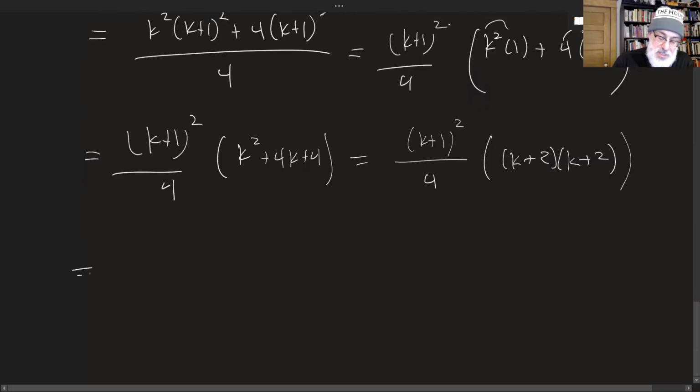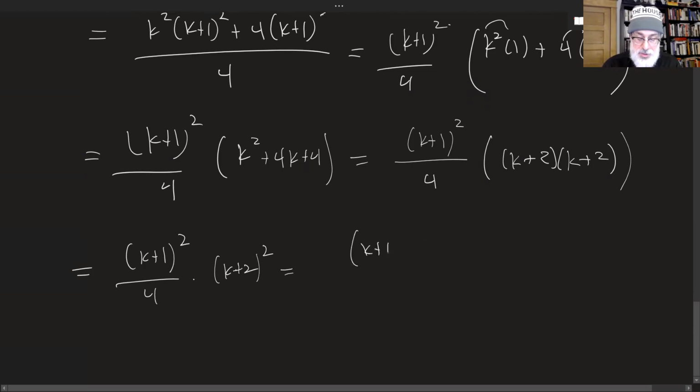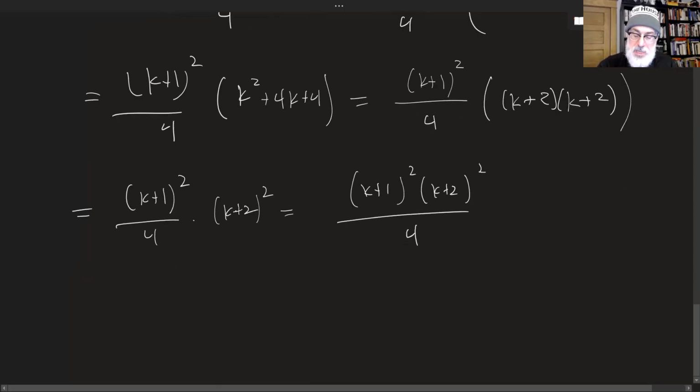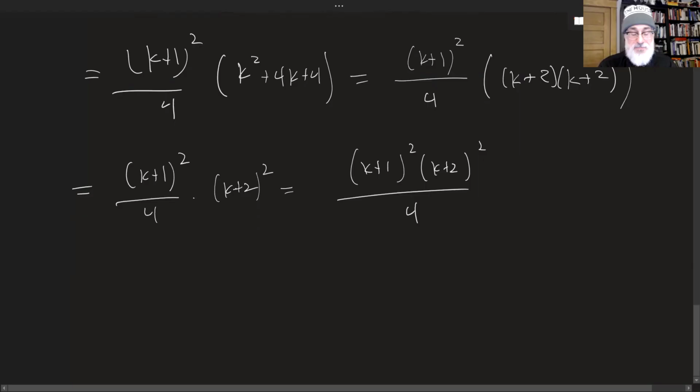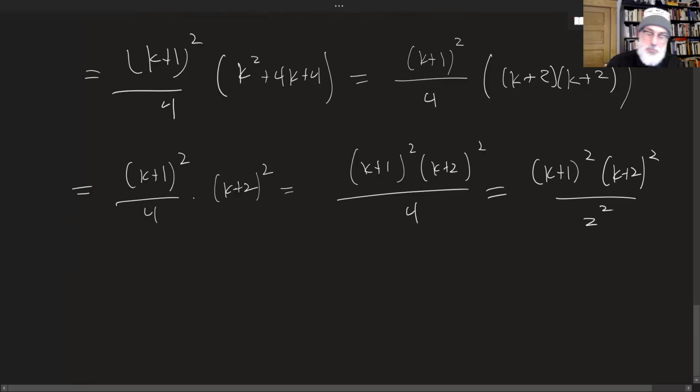Now I'm going to write it like this. I have (k plus 1) squared over 4 times (k plus 2) squared, because (k plus 2) times (k plus 2) is just (k plus 2) squared. Let's multiply this through, which essentially is just combining into 1 fraction. So you notice we have (k plus 1) squared times (k plus 2) squared divided by 4. If I think of it more like this, then we have this rule.